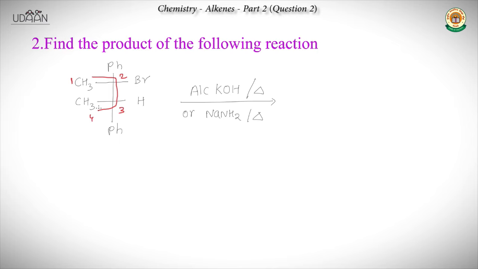If you name it in this line, you'll get 2 locants on carbon number 2. Whereas if you name it 1, 2, 3, 4 the other way, 2 locants will be on carbon 3 and only 1 locant on carbon 2. But as per the lowest sum rule, 2 plus 2 is less than 2 plus 3. So the one which we have drawn first is the correct way of naming it.